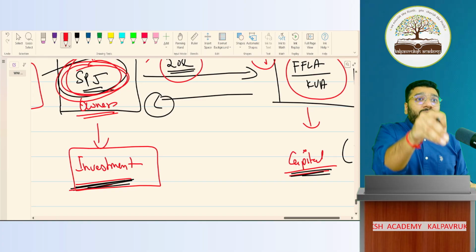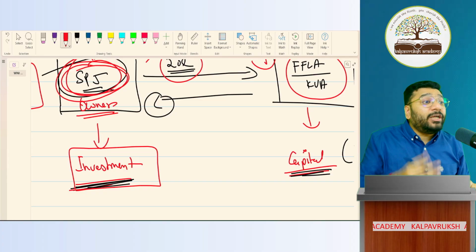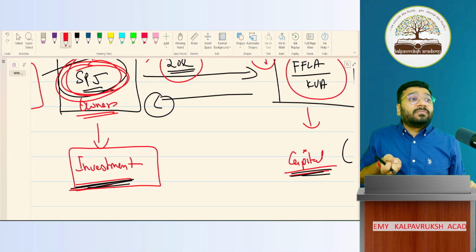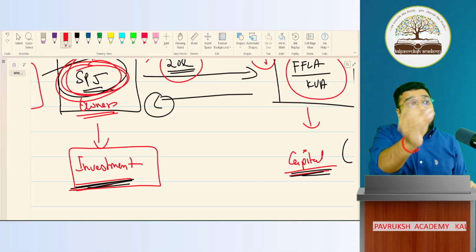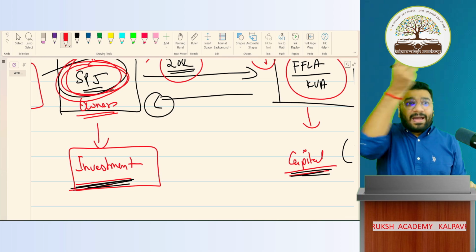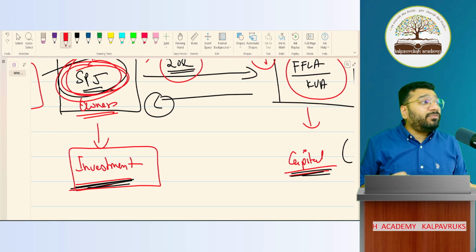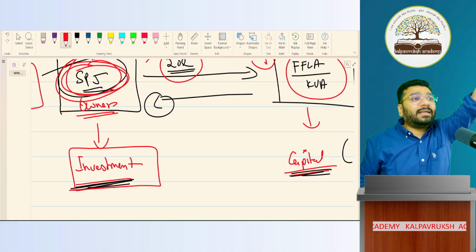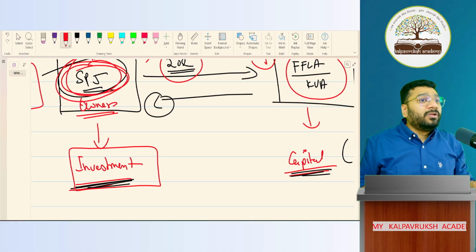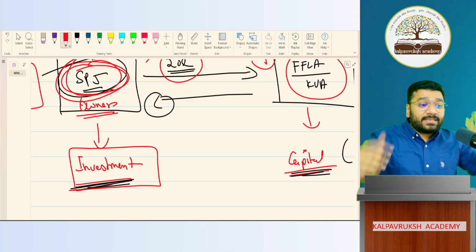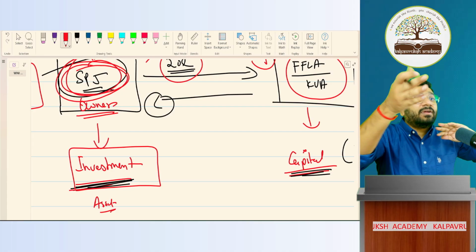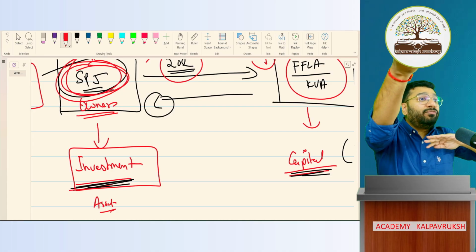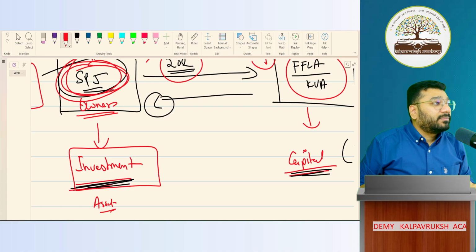The money that I gave to the business, I gave with the intention to get it back in future, so that the business can use this money and later give it back to me. When will I get this money back? Whenever the business closes, at that time this money will come back to me. So anything that I get in future is an asset. What is an asset? Anything that I have to receive from anyone in future is called an asset. Got it? Not got it?